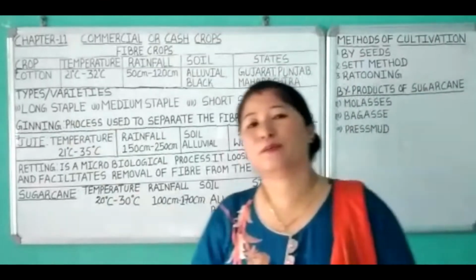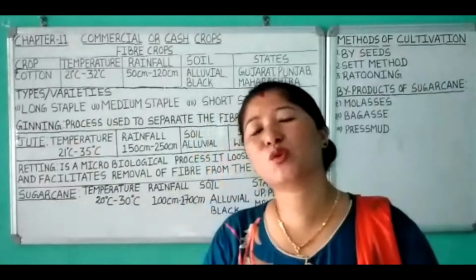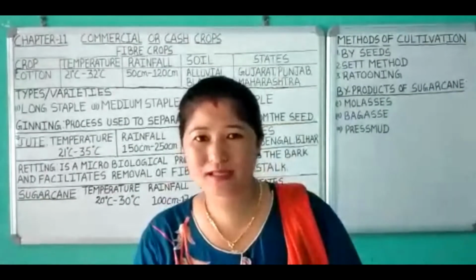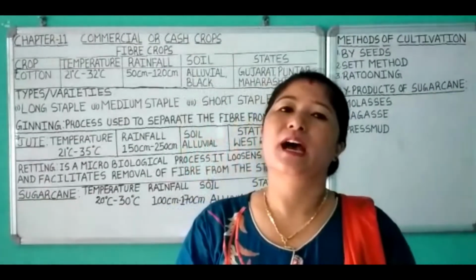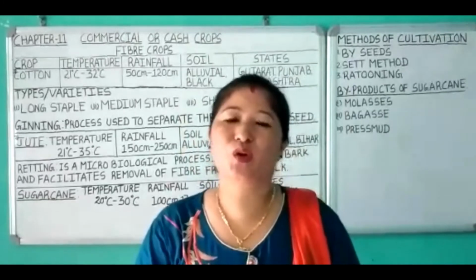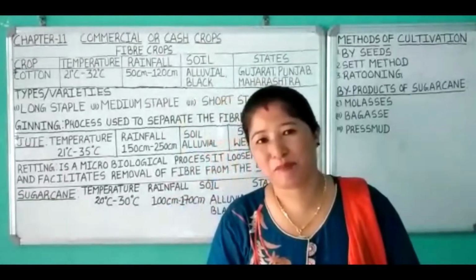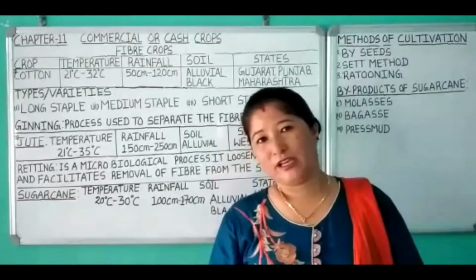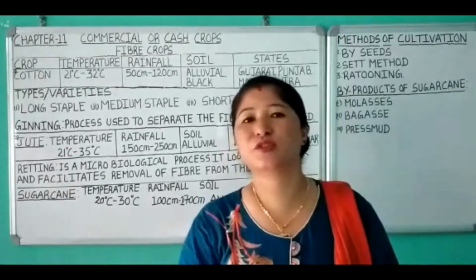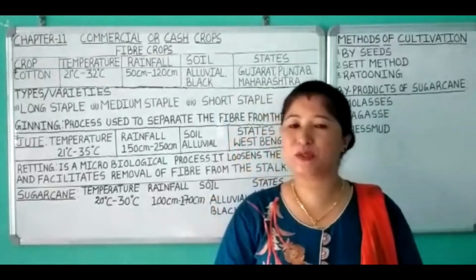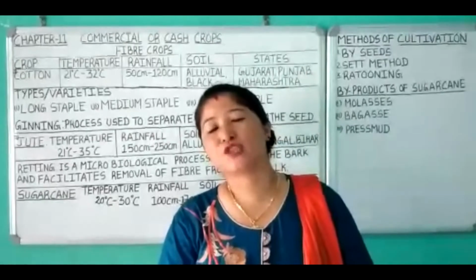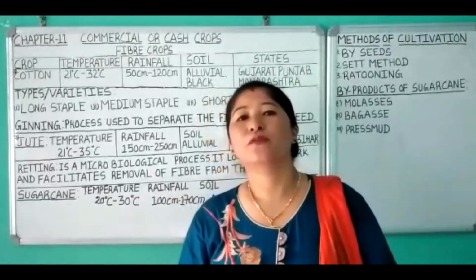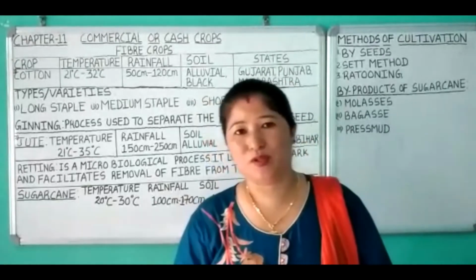Now the sowing: it is sown in two ways, either the broadcasting method or the drilling method. And during the time of harvesting of this cotton, there should be no frost. As I've already told you, frost is the greatest enemy of the cotton plant. There should be warm temperature for the ripening of the cotton bolls.